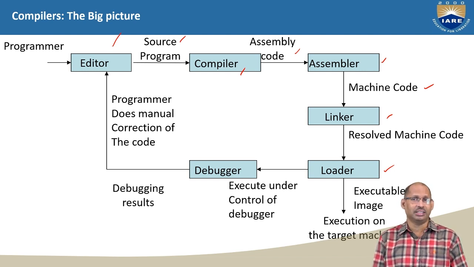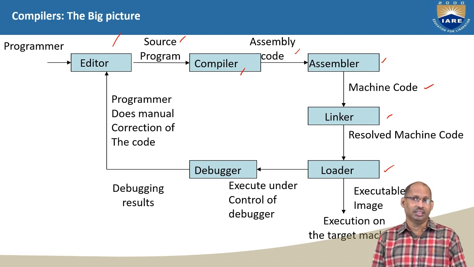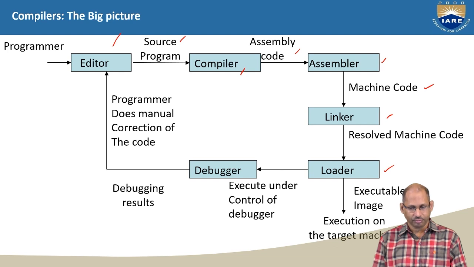If any errors occur, we use the editor once again to rectify the errors, and the complete process is repeated to get a correct execution. So editor, compiler, assembler, linker, loader, debugger: these are the different things that we use in the compilation process.